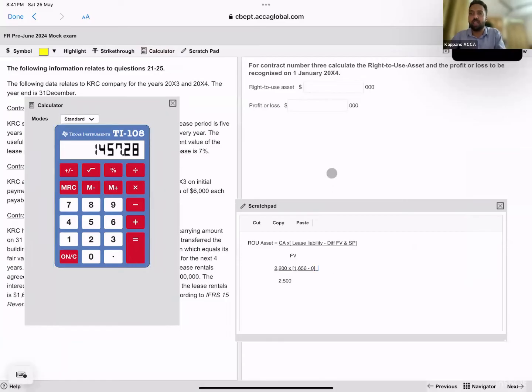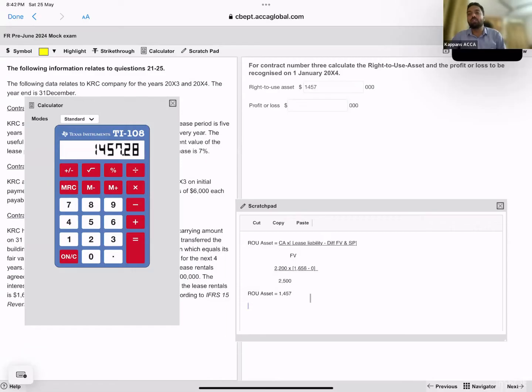So since we are rounding it off, we can say 1457. So right of use asset is equal to 1457. Now they're asking to calculate profit or loss in case of sale and leaseback.